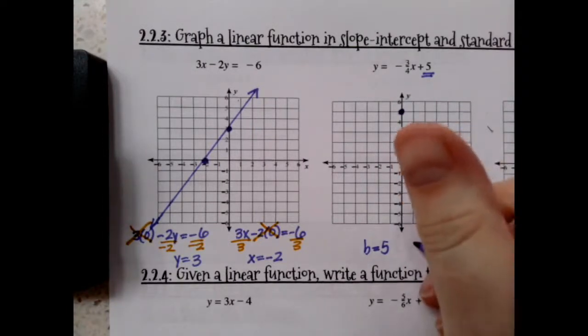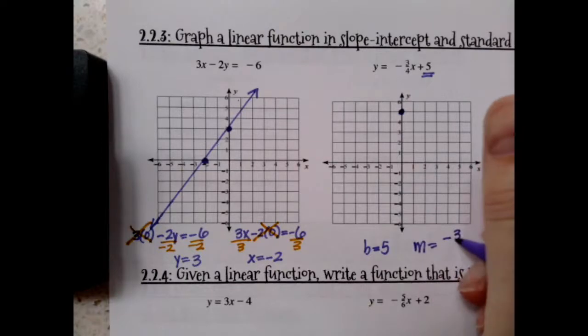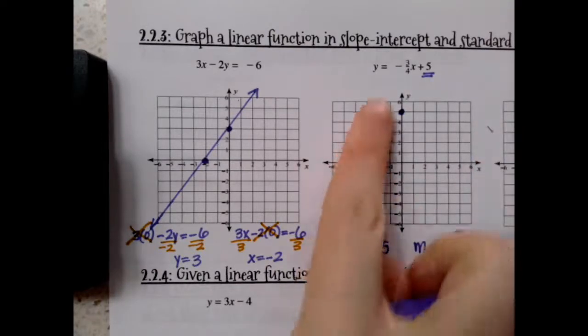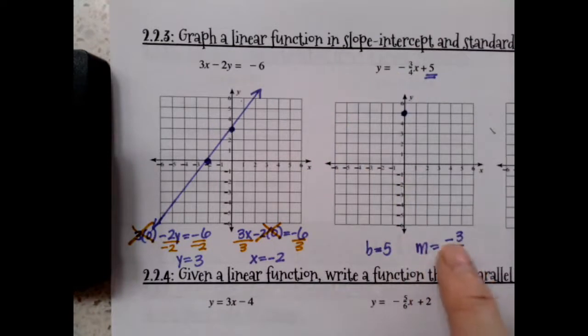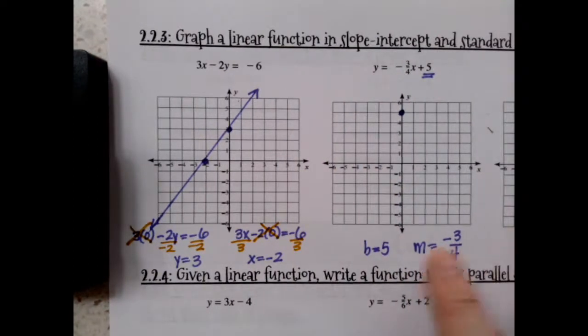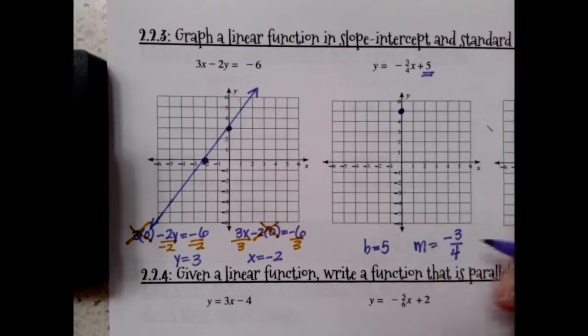Then I move with m, and my m is negative 3/4. You notice that I took this minus sign that was hovering out front and I put it on the top. That makes our lives a lot easier. The top is going to tell you how much to rise and the bottom how much to run. I also like to draw arrows to remind myself what direction to go so I don't mess up.